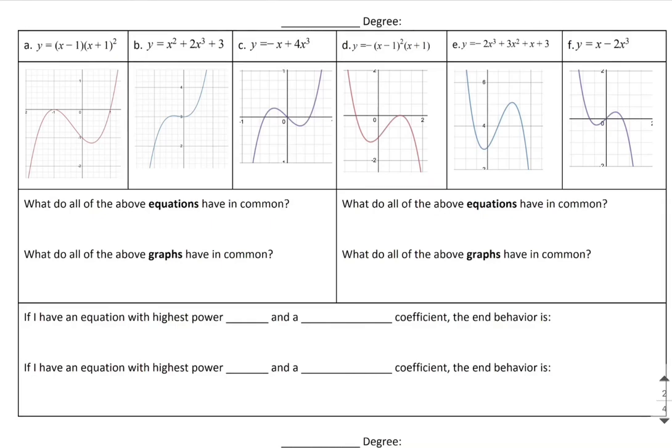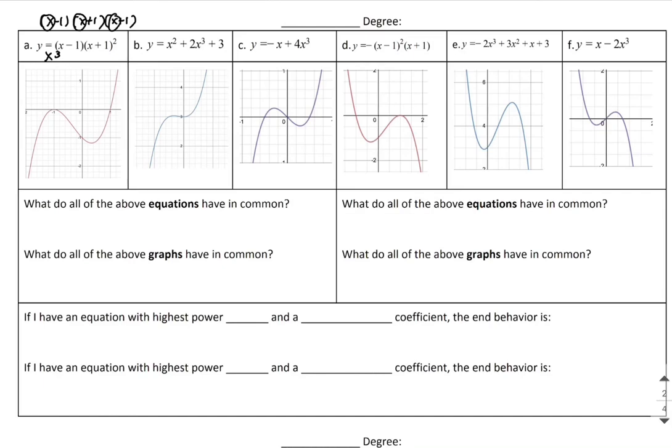Every single one of them has its highest power as x cubed. If I were to FOIL A, I see I have x minus 1 times x plus 1 times x plus 1. If I FOILed this all the way out, I know my highest power is going to be x cubed. Positive 1x cubed, if I multiply all my first terms together.